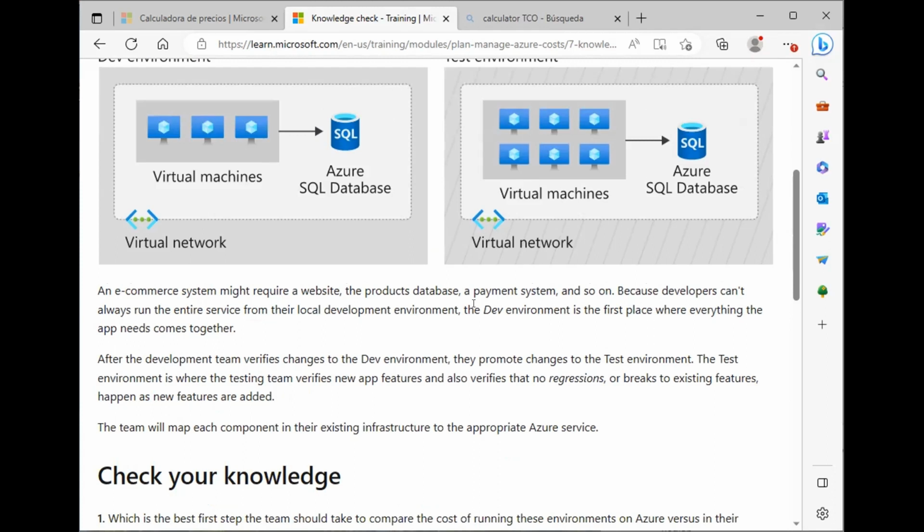After the development team verifies changes in the dev environment, they promote changes to the test environment. The test environment is where the system team verifies new app features and also verifies that no regression or break to existing features happens as new features are added. The team will map each component in their existing infrastructure to the appropriate Azure service.